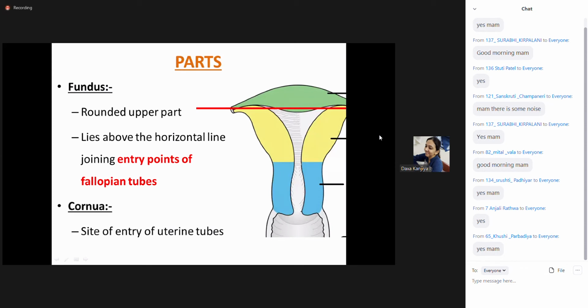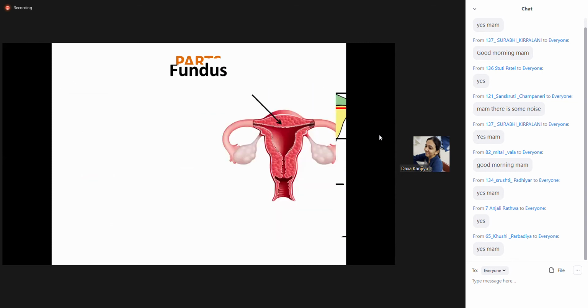The site of entry of the uterine tube on both sides is called the cornua, or the lateral angle. So there are two lateral angles at the sites of entry of the uterine tubes. This is also called the cornua of the uterus. The fundus is convex. As I told you, the fundus does not have any cavity and it is covered by the peritoneum.